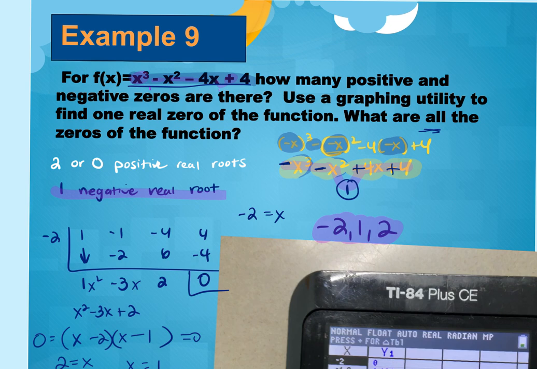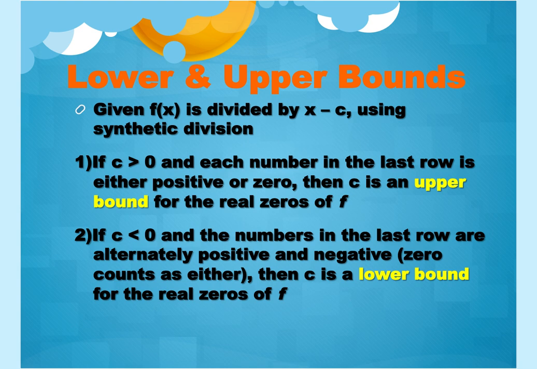Yeah. All right, the last thing is called lower and upper bounds. And again, this is just a tool to help you narrow down your possible bank. The lower bound means it's the lowest possible root. There's nothing lower than it. And the upper bound is the highest, meaning there's nothing higher than it.